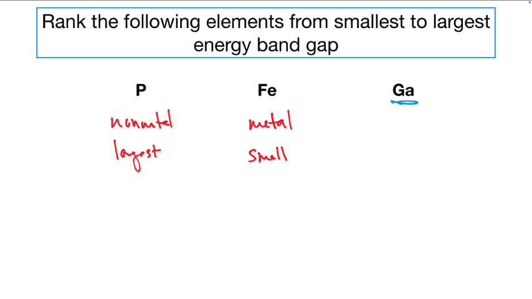Gallium sits in a weird space. Gallium is pretty much right on top of that staircase. And what was that staircase? Our metalloids. Gallium was really darn close to being a metalloid. I may have spelled that wrong, but close enough. Which means this is our intermediate band gap.